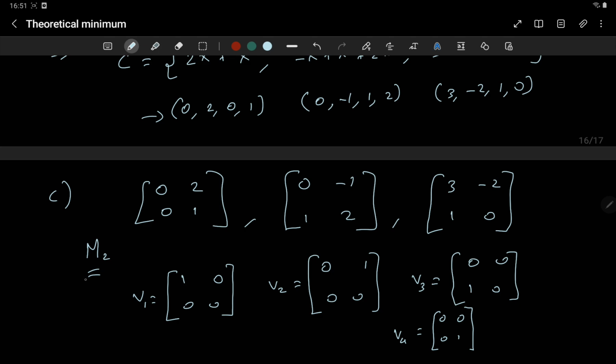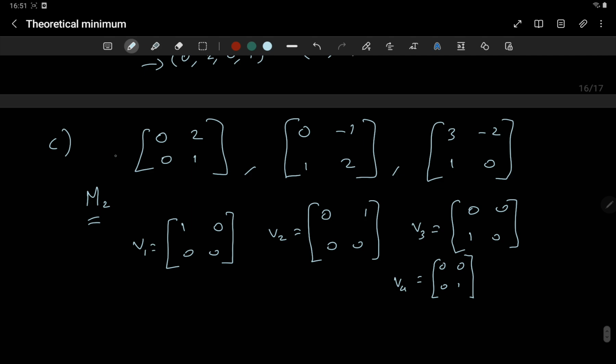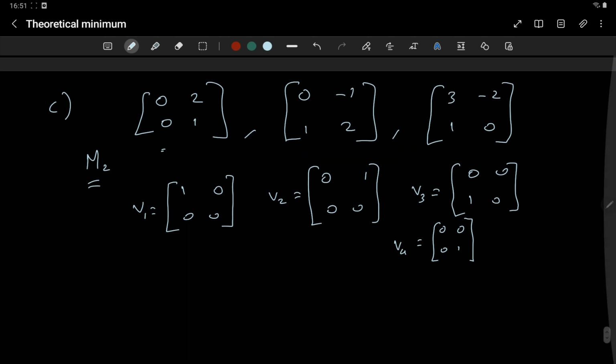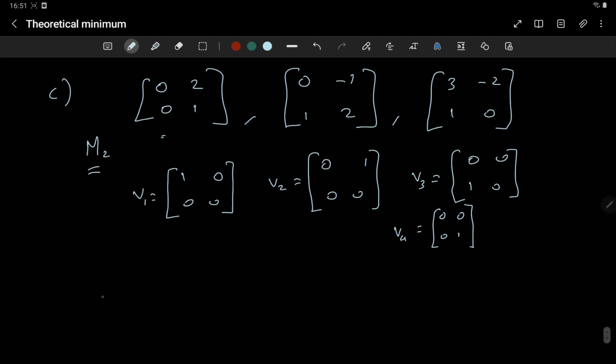So say the first vector: how do I get it? 0 into V1 plus 2 V2 plus 0 into V3 plus 1 into V4.